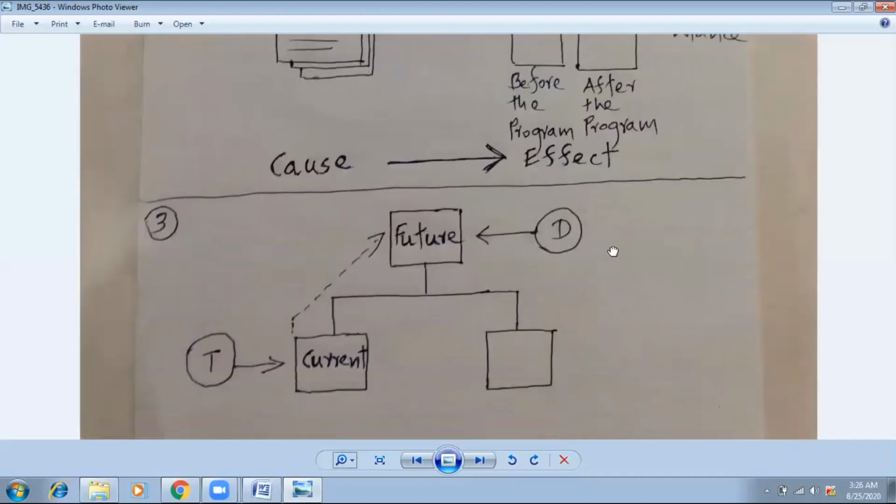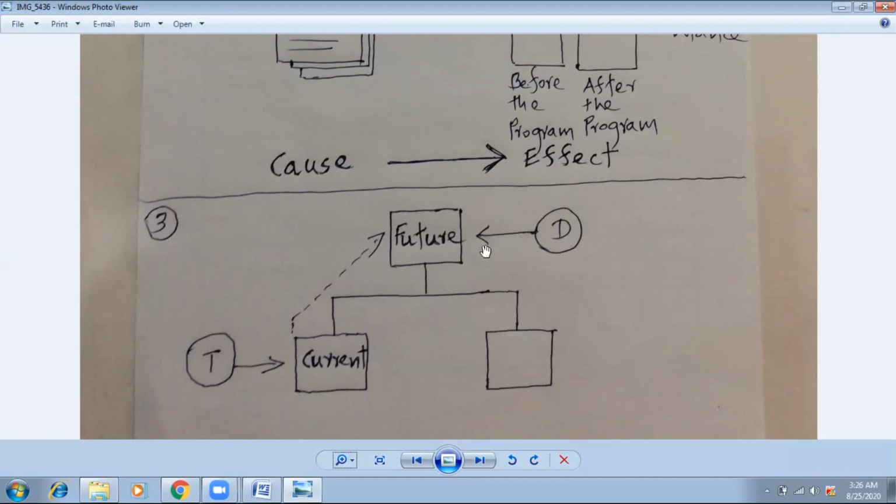Okay, then this is the third way of differentiating. This is current. Here the current job performance. So training is for current job performance. Here the development, that is for future performance.